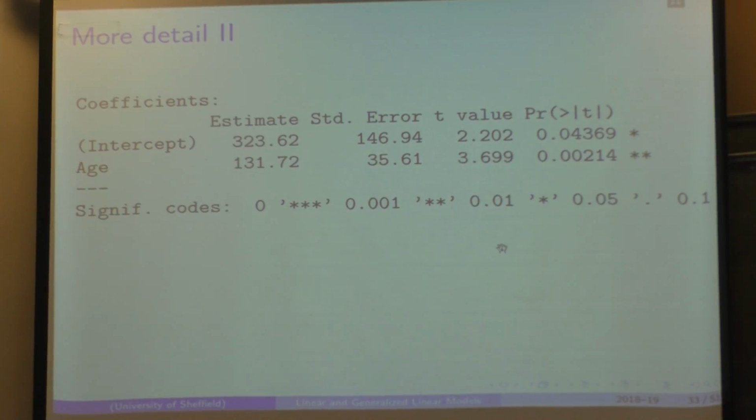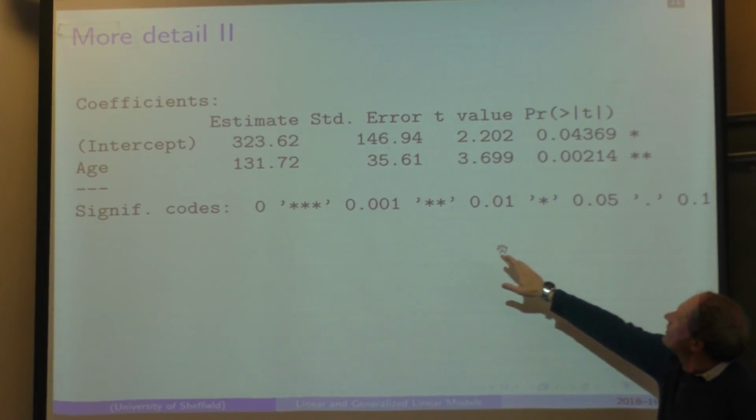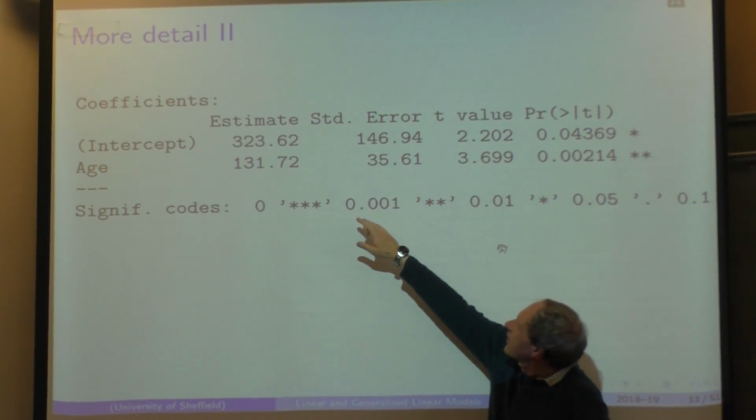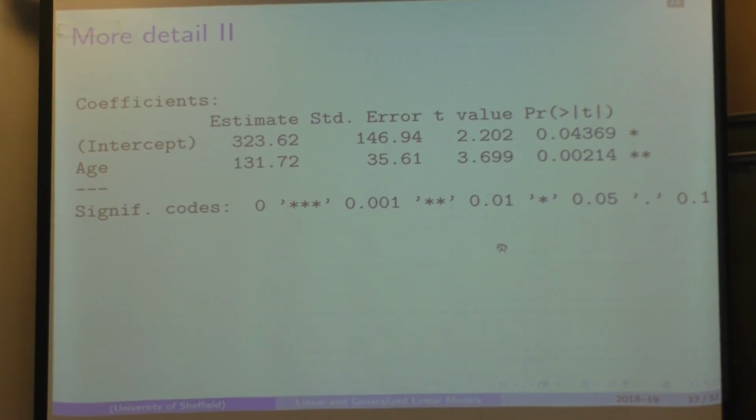We'll talk more about these tests in, I think, section 1.10 later on in the course, but you can see that these are basically calculated by taking estimates and dividing them by the standard error, and then comparing with a specific t distribution. It turns out that for 17 data points and p equals 2, so 2 columns in the design matrix, the number of degrees of freedom for the t distribution is 15.